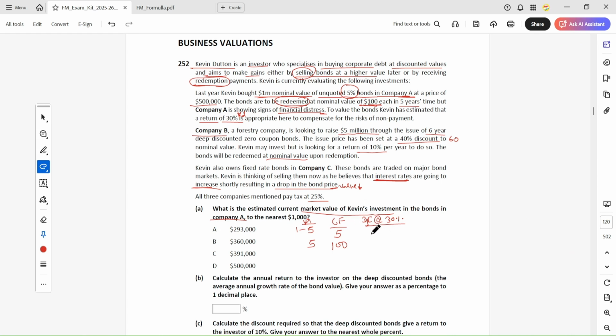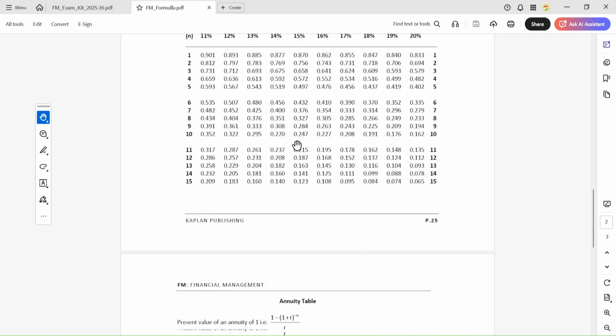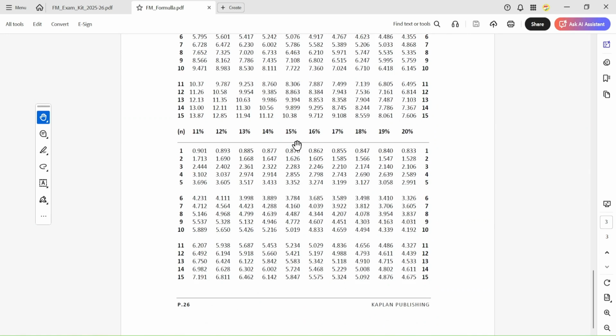Because here we have the same cash flow for the 5 years, so we need to calculate the annuity factor for the 5 year. Okay, so we don't have the 5 year annuity factor because it is only up to 20%.